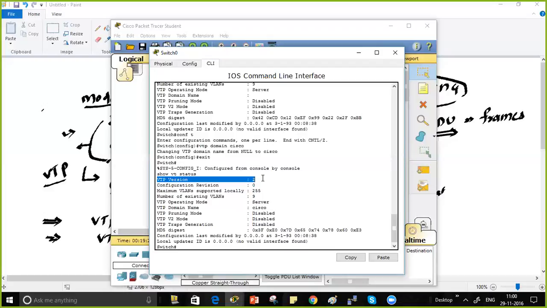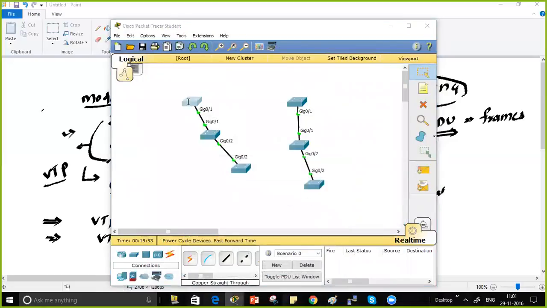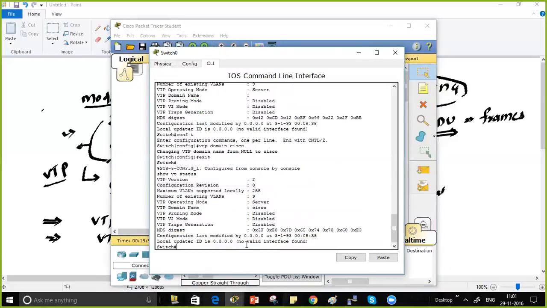But in this switch, by default the version number is 2. And this config will decide which one is the server. I will explain that. Don't worry about that.